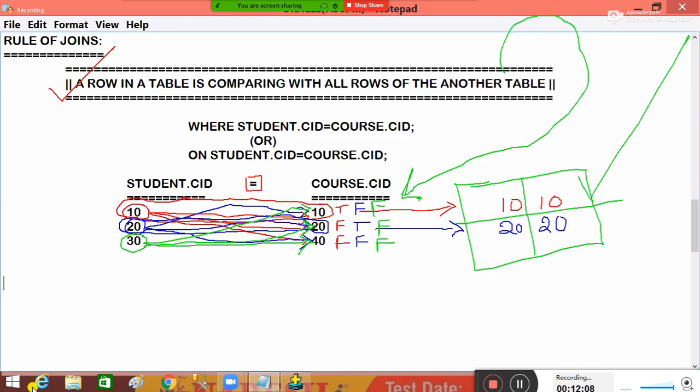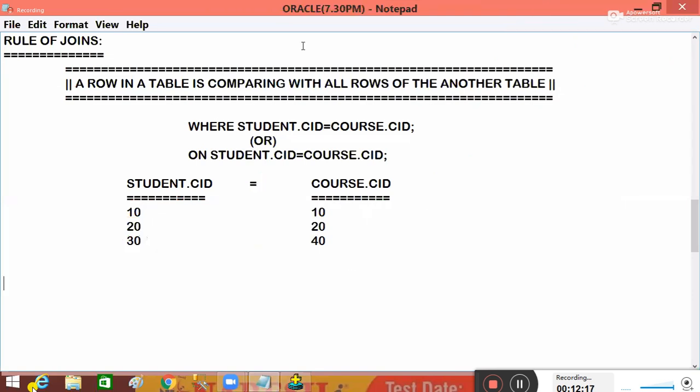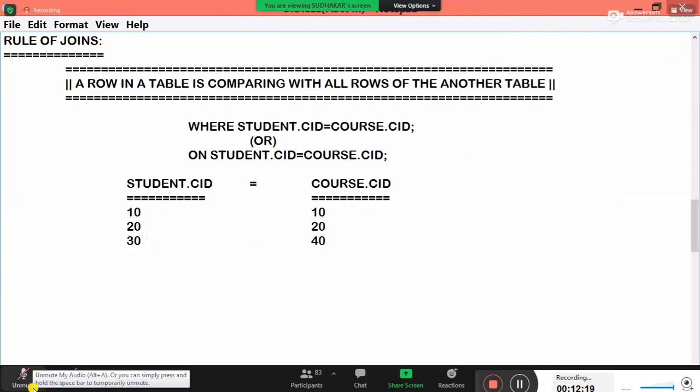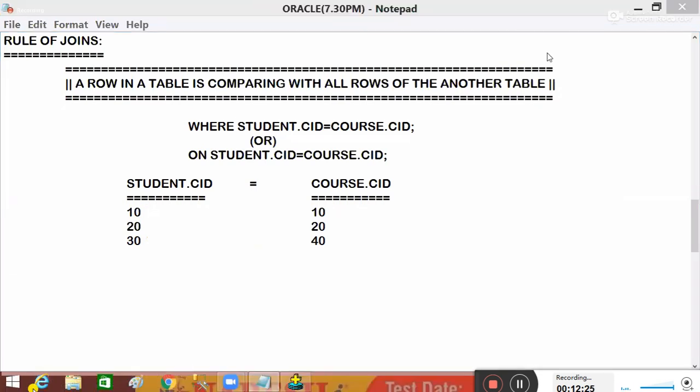Right. So all of you understand how the join statements are executed as per the given condition and which rule is followed here. Same for every join, for every condition whatever you write, you should follow it as it is.